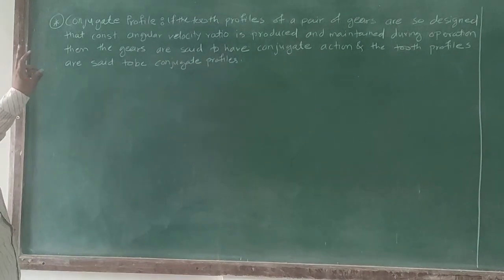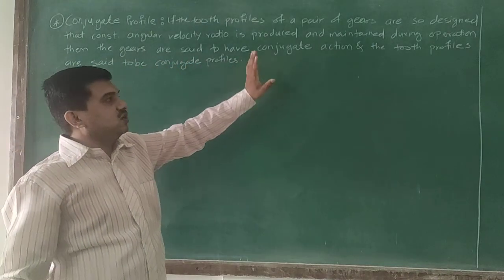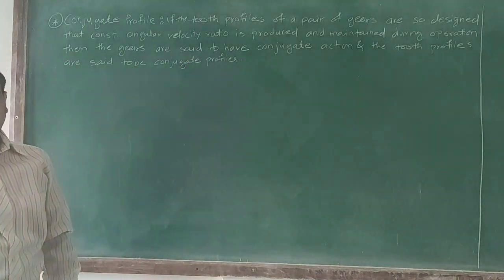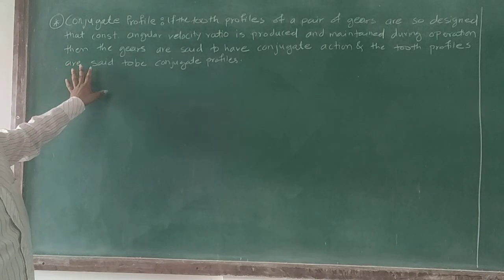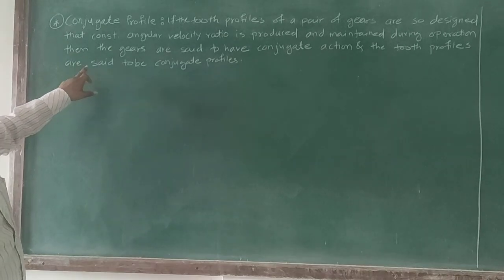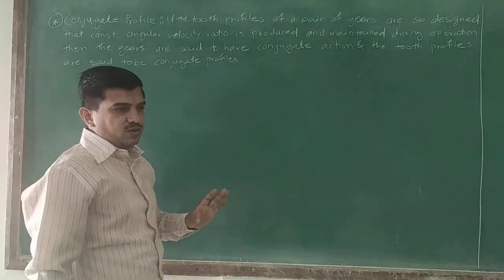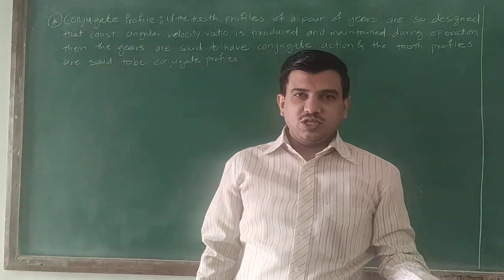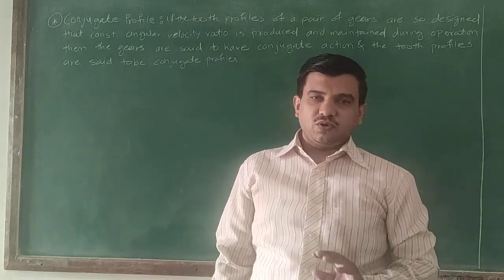The tooth profiles which give this kind of conjugate action are said to be conjugate profiles. Are you getting me? The gear profiles responsible for producing the conjugate action are known as conjugate profiles.